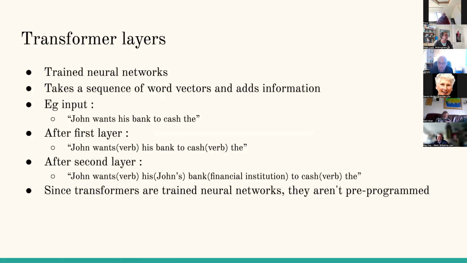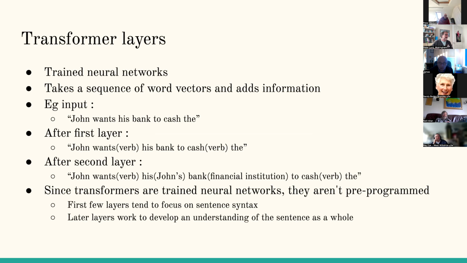They've just been trained with massive amounts of text, and all these weights have been set. If you've got billions of these weights, it is hard to figure out how the system, which is apparently behaving very well, actually works. Having said that, we can see that the first few layers of transformers tend to focus on sentence syntax, and the later layers tend to develop an understanding of the sentence as a whole.